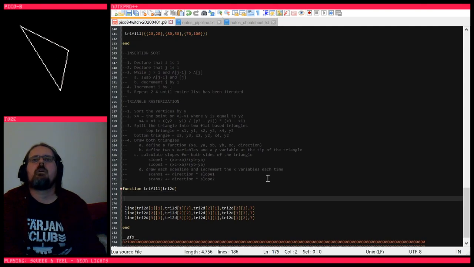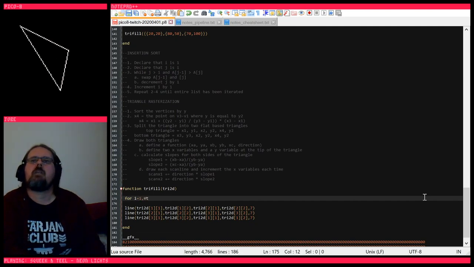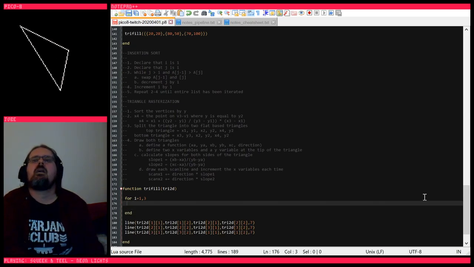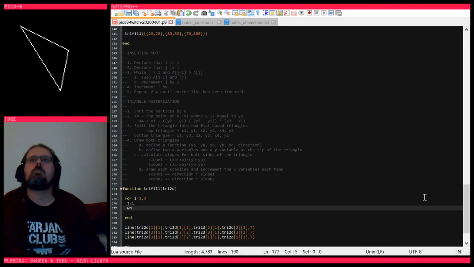So let's do our insertion sort loop, which we have defined here. First we declare that i equals 1, and this loop is going to go to 3, because that's going to be the size of try 2D. And then at the start of each iteration, we declare that j, which is another iteration counter, is equal to i. Then we do a while loop.